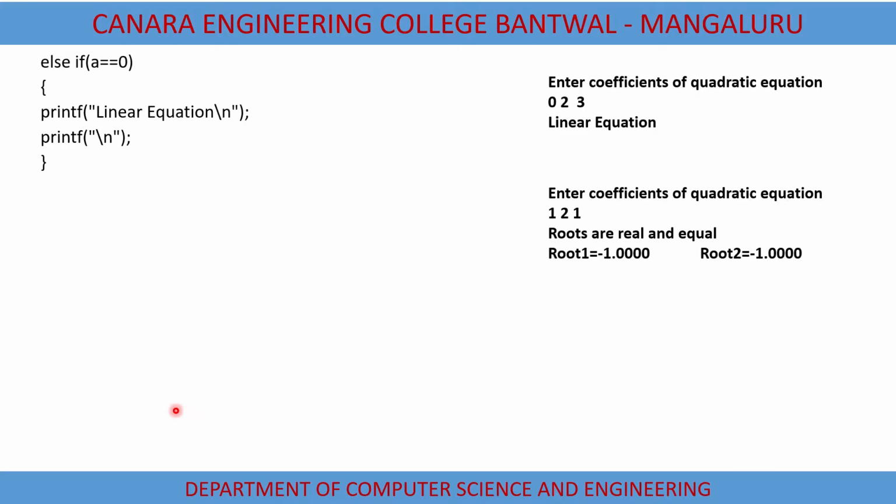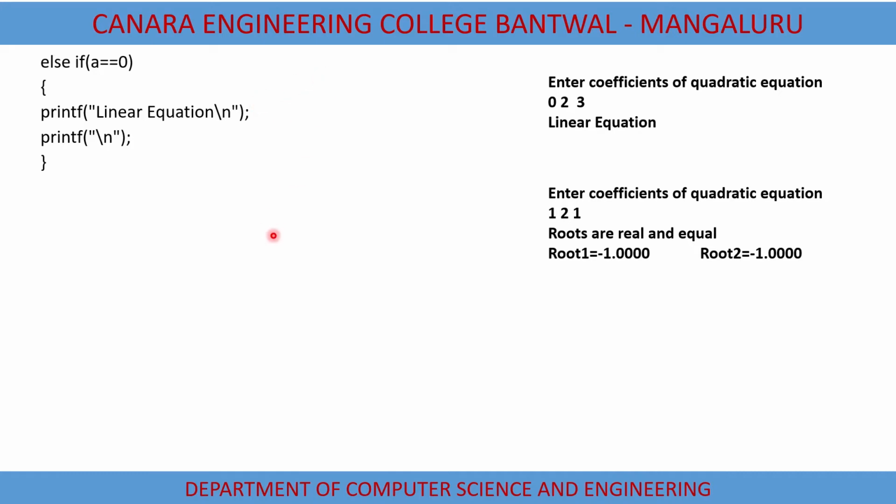Next, again we are going to try by taking another three values. I'll take the three values as 0, 2 and 3. So 0 for A, 2 for B and 3 for C. When I enter 0, 2 and 3, it first checks whether A is equal to 0 and B is equal to 0.